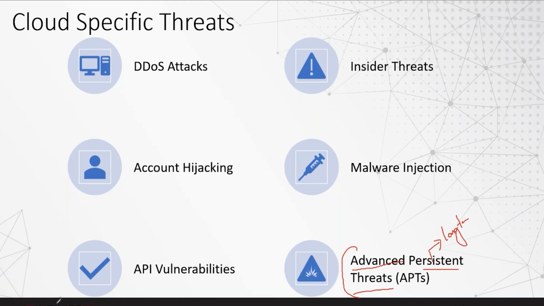Once I feel I am getting detected, I can move into another form. In the same way, I keep roaming around multiple networks and collect as much data as possible. That is an example of an advanced persistent threat. It has multiple stages.